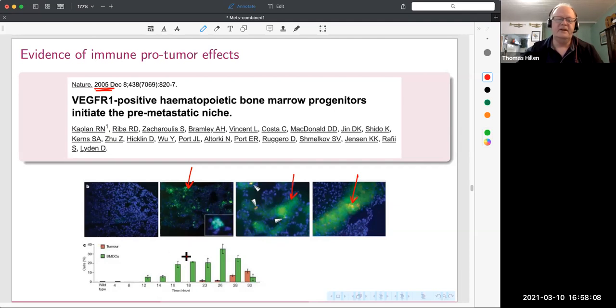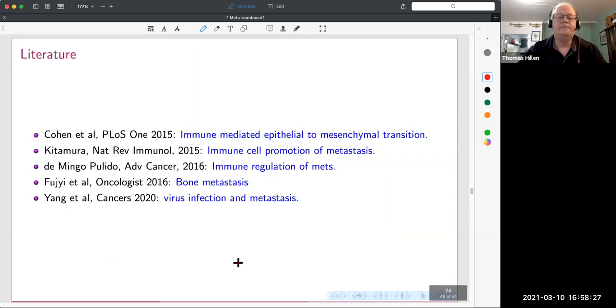And then looking at the cell count here, you see the first arrival of the green cells, and then later arrival of the red cells. Which indicates that the immune cells have something to do with the arrival of the cancer.